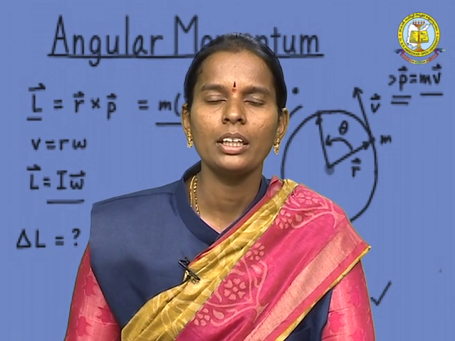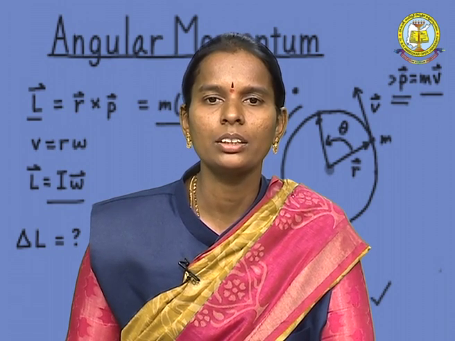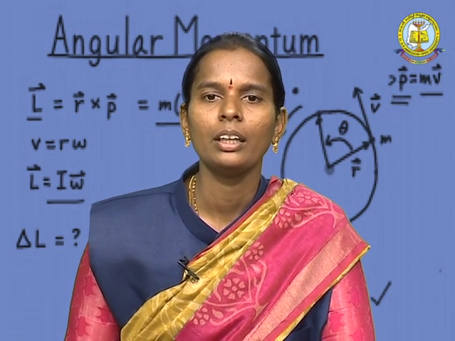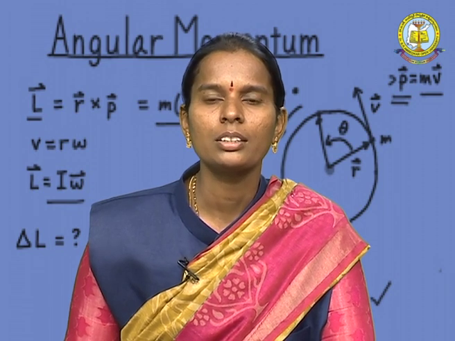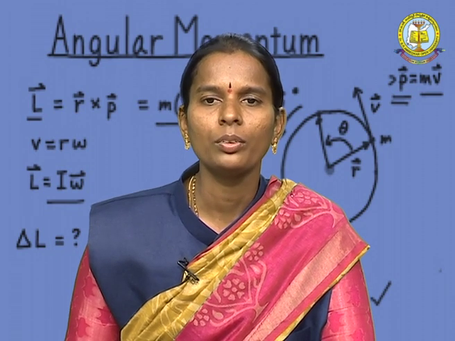So dr by dt is equal to v and p is equal to mv. Writing these values in the above equation, dL by dt is equal to r cross dp by dt plus v cross mv.